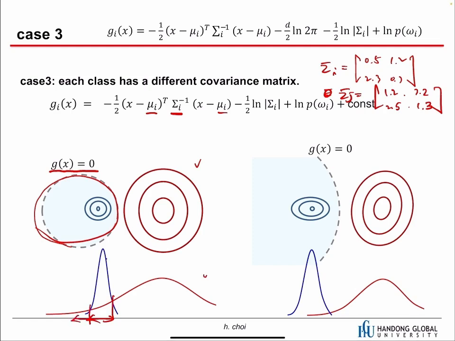And for this one, class 2 and class 2. Or we might have this kind of case. Okay, the boundary is here. So in the 1-dimensional space, we have one boundary, and for this region, the model says x is classified into class 1, and for this one, class 2. Okay.